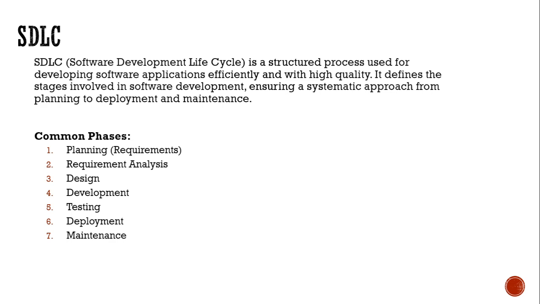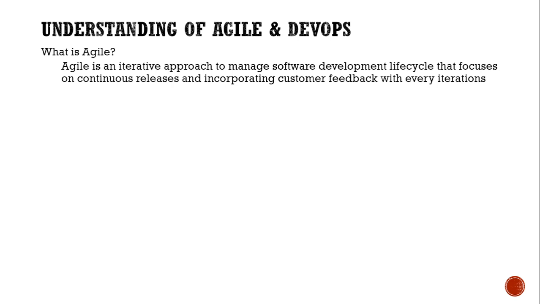Okay. So we'll move on to the next one, understanding of Agile and DevOps. So what is Agile? Agile is an iterative approach to manage a software development life cycle, in which we have different kinds of phases, right.